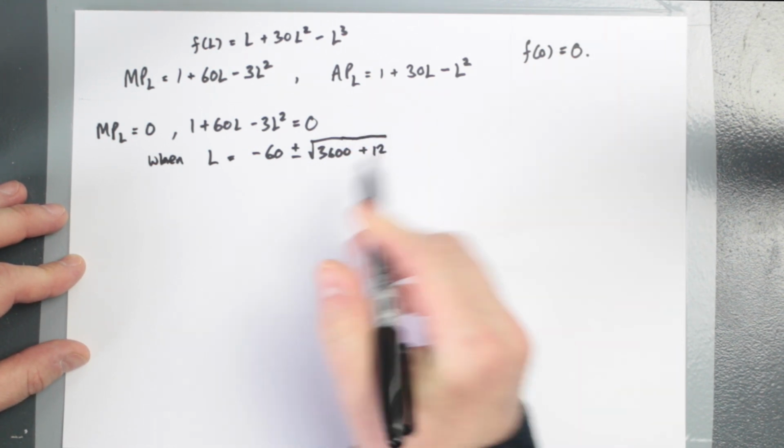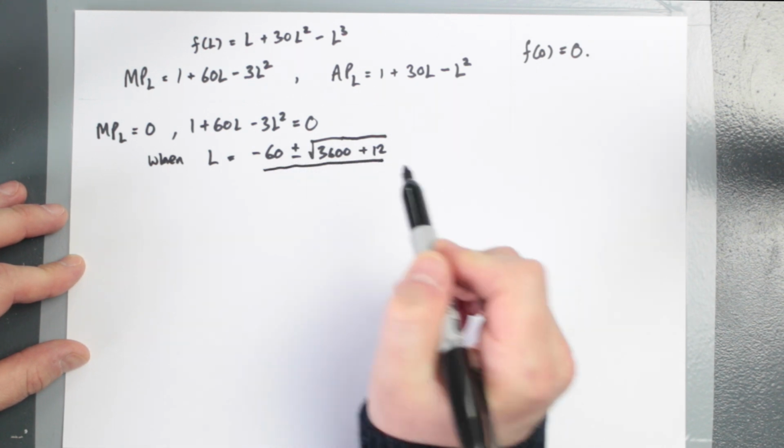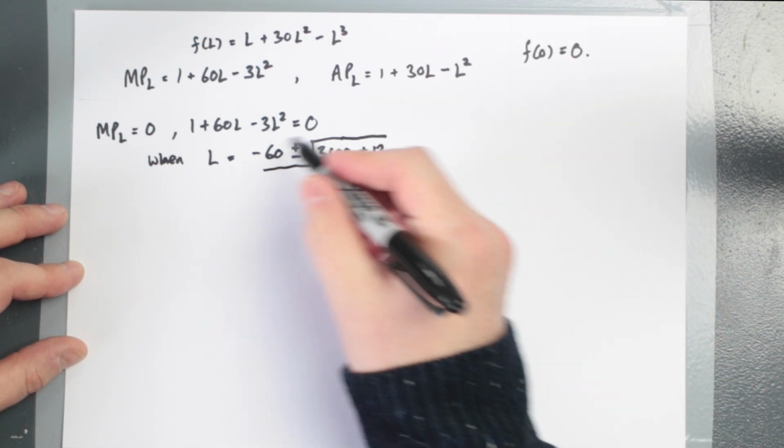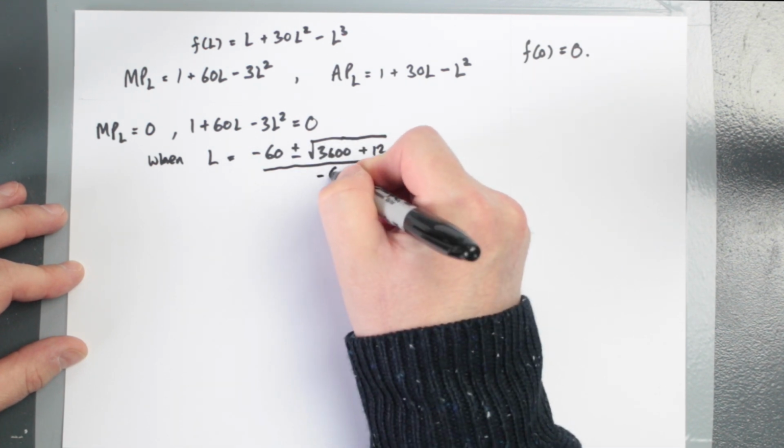Let's extend that square root, all divided by 2a, which is minus 6.